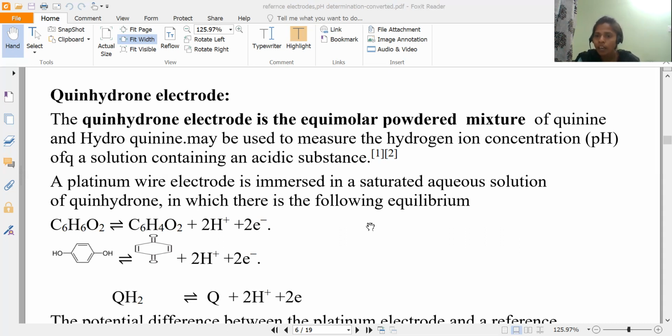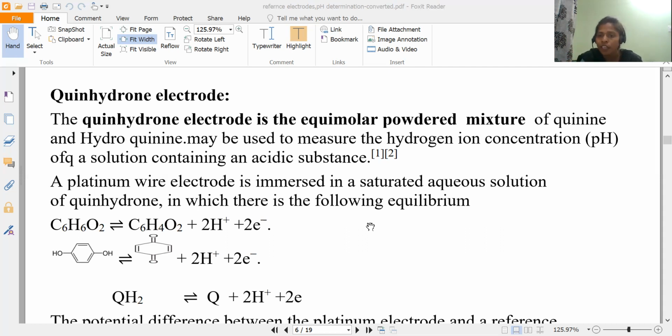What is aqua? Aqua is nothing but water. We are using an aqueous solution of quinhydrone. We know that quinhydrone is available in the powder form. This powder is mixed with aqua, that means water. In that solution, we are dipping the platinum wire, and this platinum wire is used for providing electrical contact.